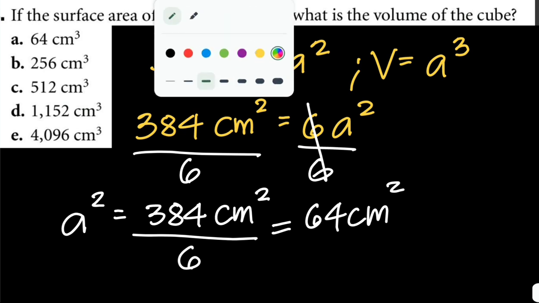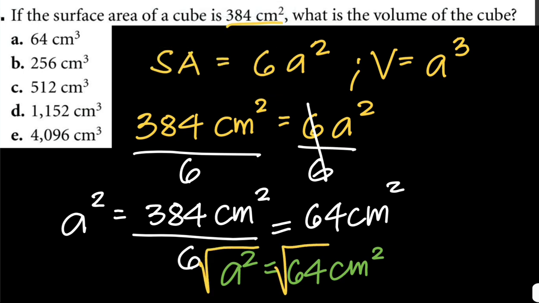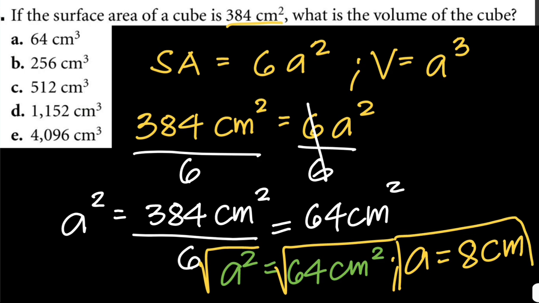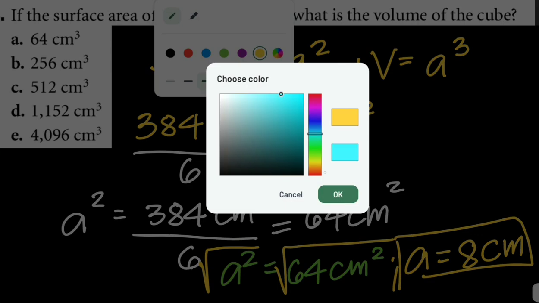And we just have to get the square root of both sides. Okay, so A squared is equal to 64 square centimeters. And then we get the square root of both sides to solve for A. Therefore, A here is equal to the square root of 64, which is 8, so 8 centimeters. And now we can solve for the volume.